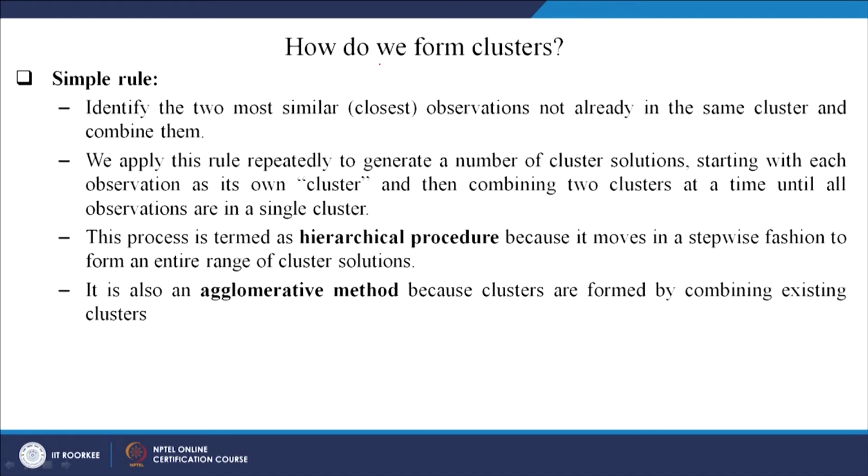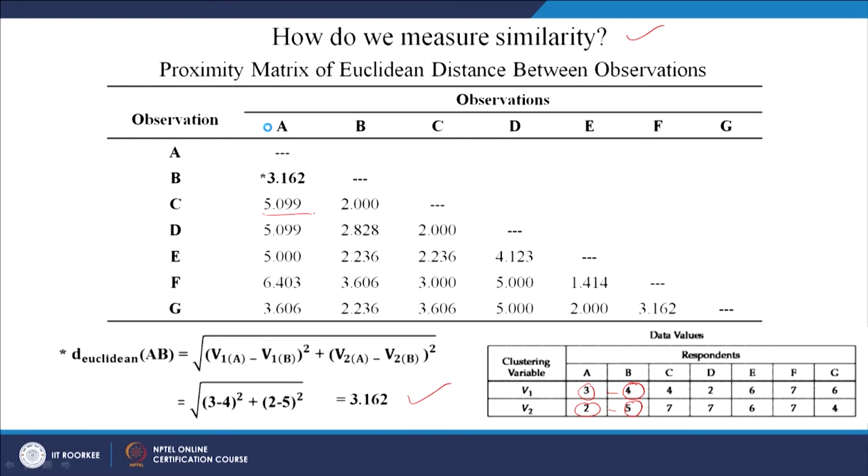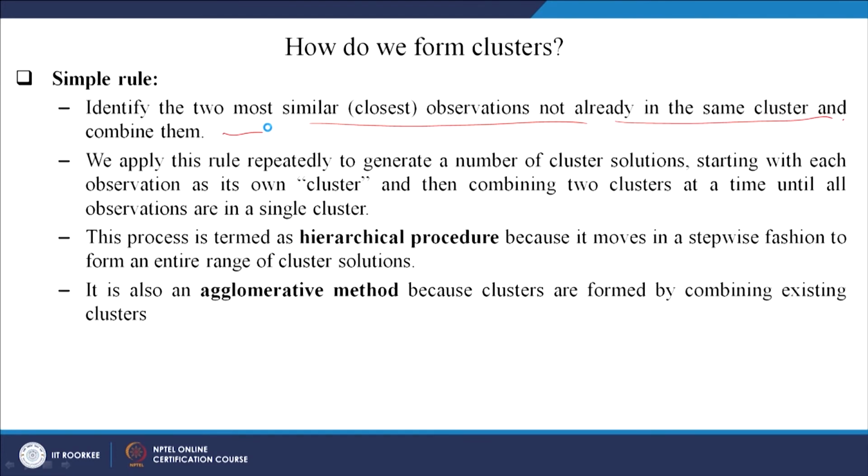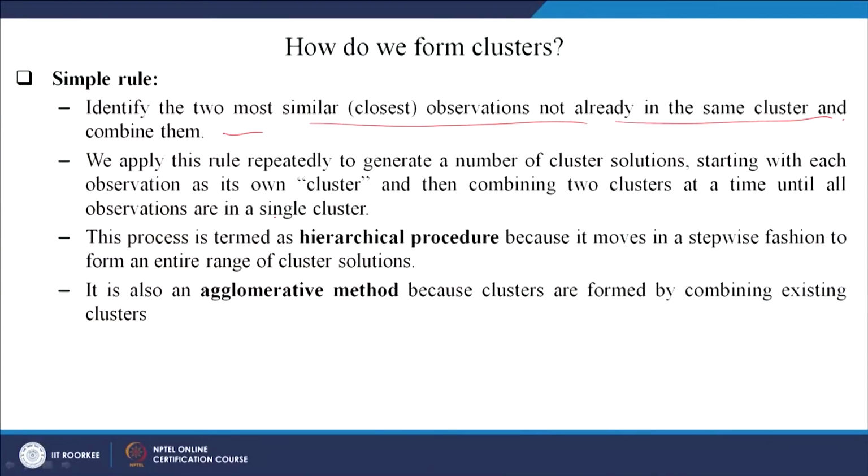How do we form the clusters? Identify the two most similar observations not already in the same cluster and combine them. Once you have these values, you start your clustering. First find the similar clusters and combine them, and you continuously do it till you reach a single cluster.